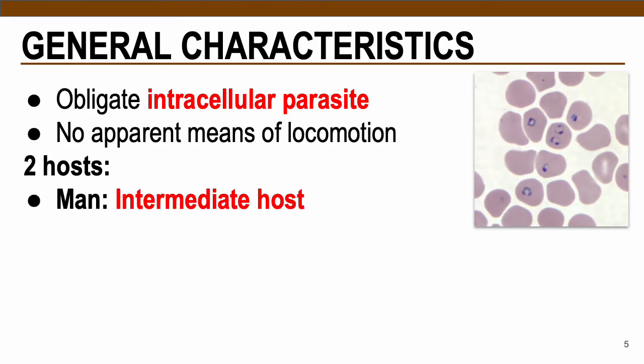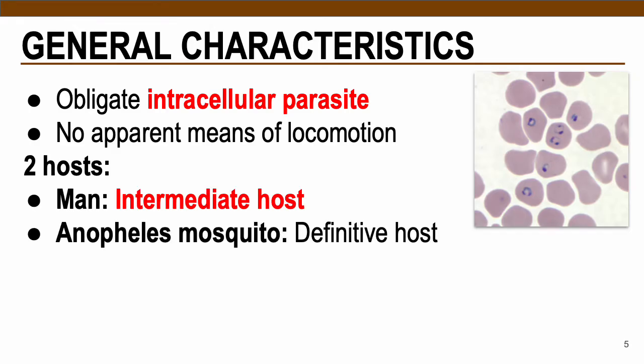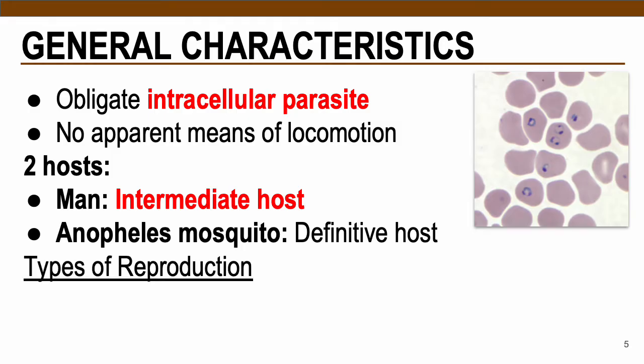The intermediate host is the human, and the definitive host is the mosquito, specifically the Anopheles mosquito. Remember, in the intermediate host, man acquires the asexual stage or reproduction, while the mosquito, since it is the definitive host, acquires the sexual reproduction of the parasite.